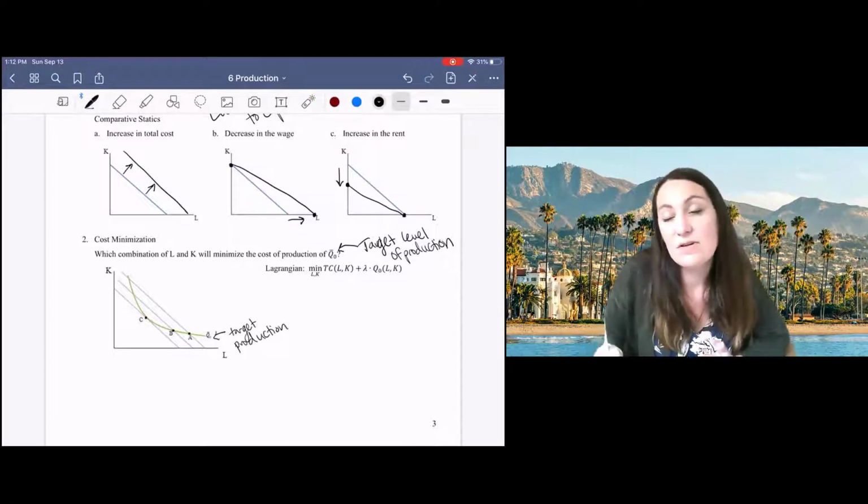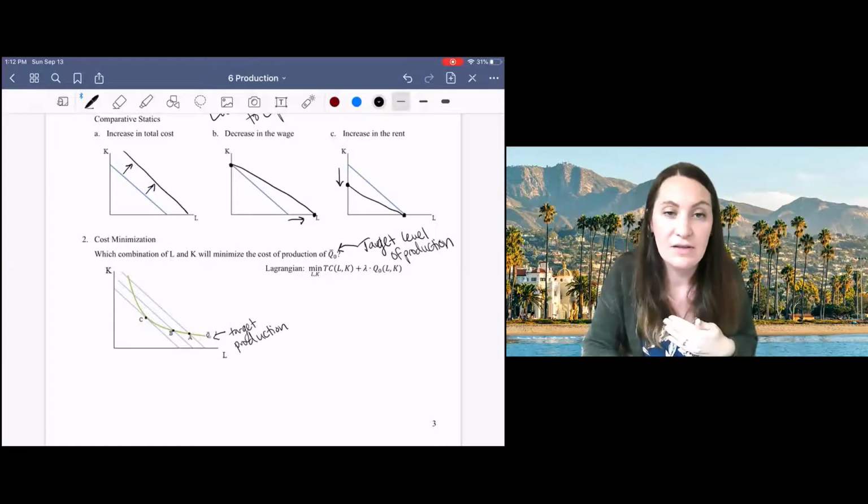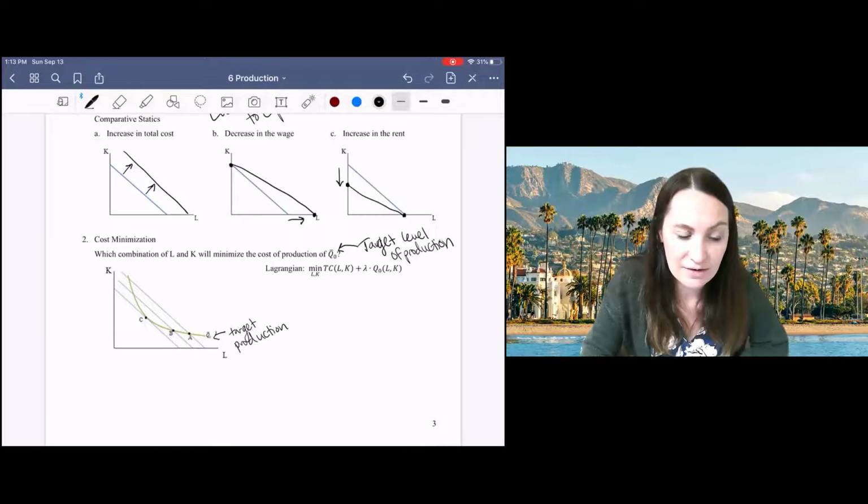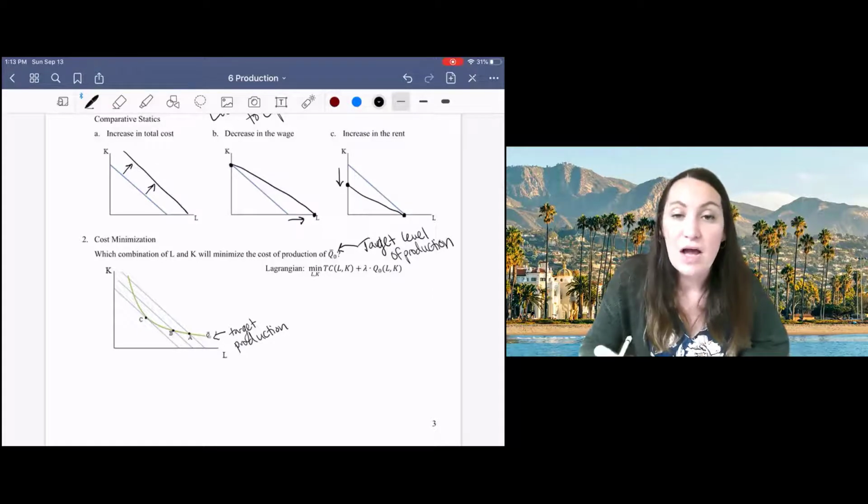Now, there are lots of different combinations of labor and capital that could be used to reach this level of production, which you can see is given by the isoquant that we've drawn here. But each of those combinations of labor and capital will have a different cost.